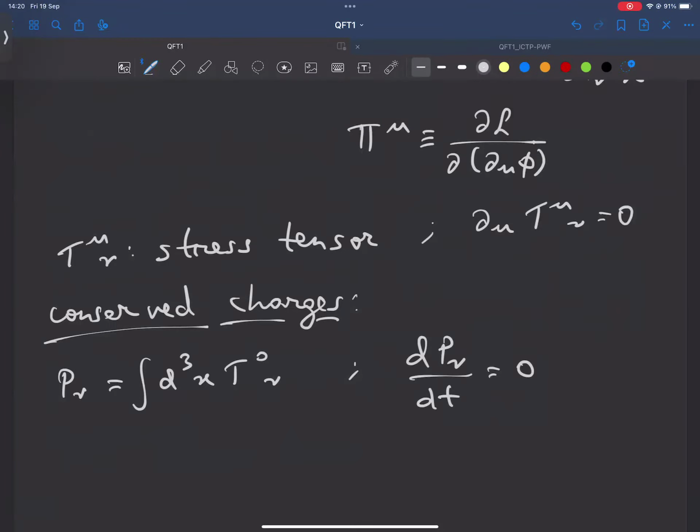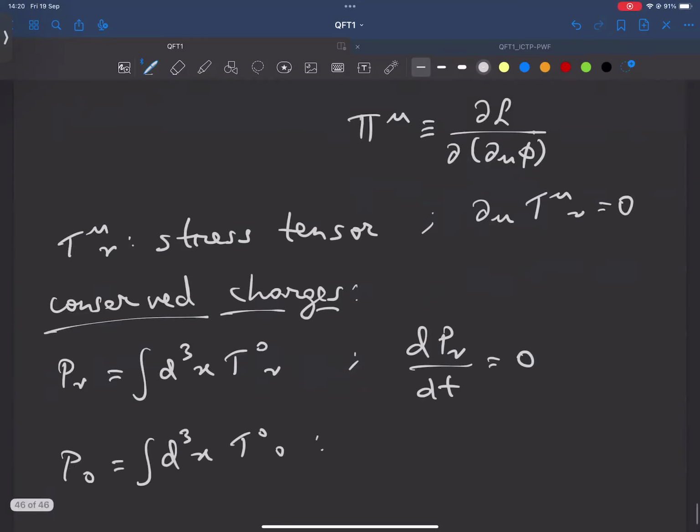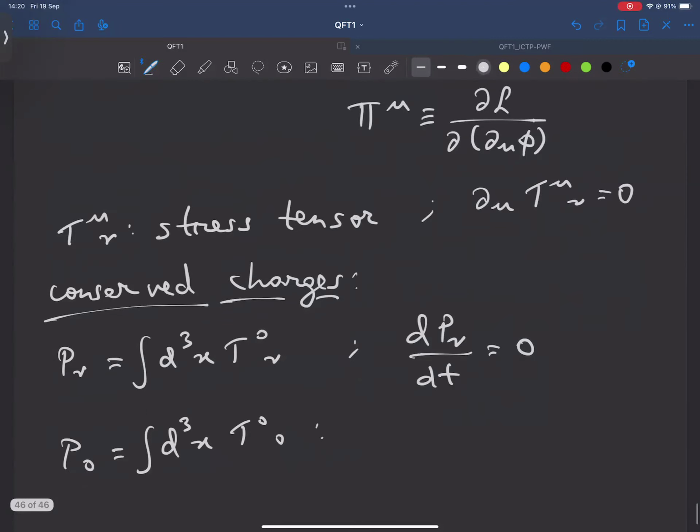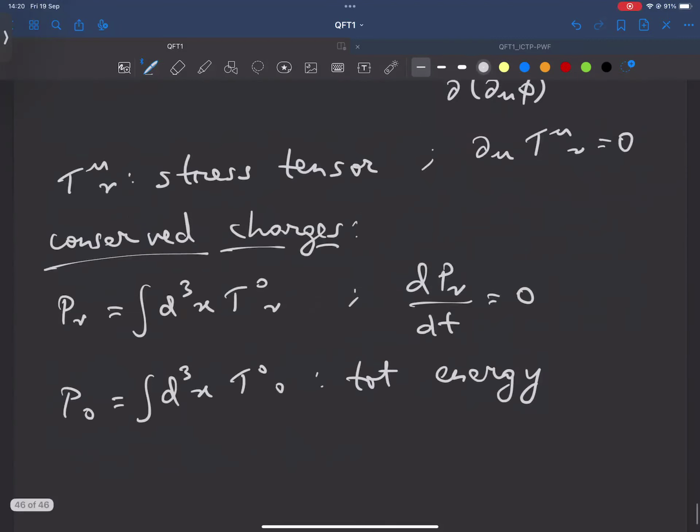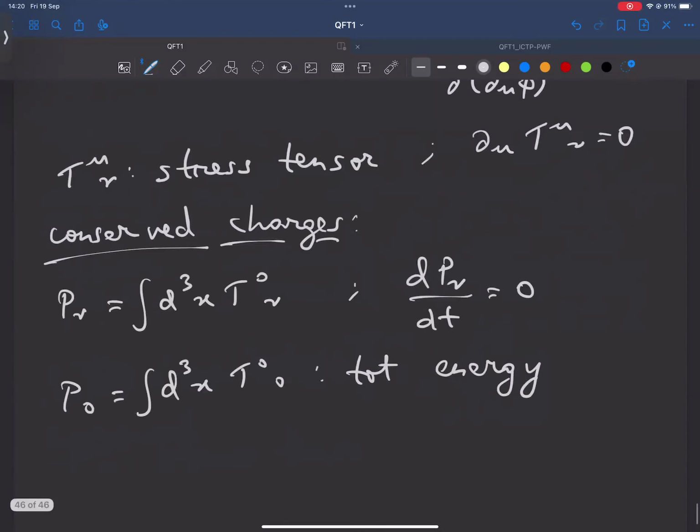And in this case, we identified the P0 as the energy. So this we call the total energy of your system. And we will see why we called it total energy in today's class. And then we denoted the other guys as momentum. Okay.